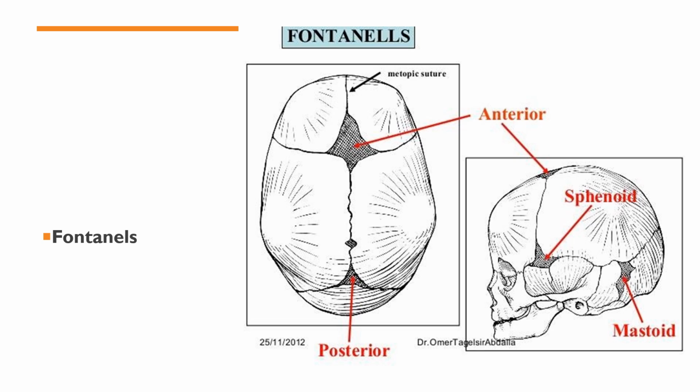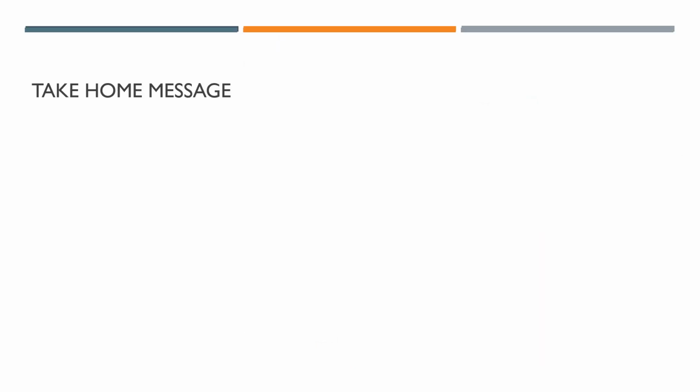We also have the sphenoid fontanelle and the mastoid fontanelle. The importance of these fontanelles is that they allow the head to deform during its passage through the birth canal during delivery, and also they allow postnatal growth. The baby's brain growth and head growth mainly take place due to these openings.